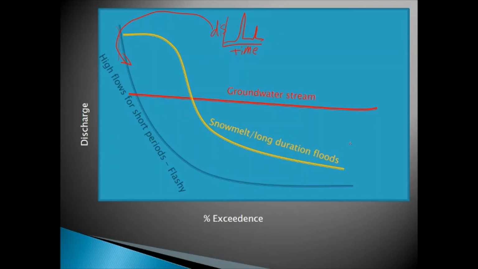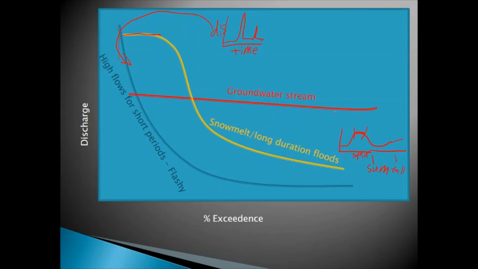A snowmelt stream is where you get these long-lasting floods in the summer. So here maybe would be the spring, and here is the summer, and then the fall. Something looking like that, right? This plateau up here says that there's high flow for a relatively long period of time, and that's reflected in this part of the hydrograph.